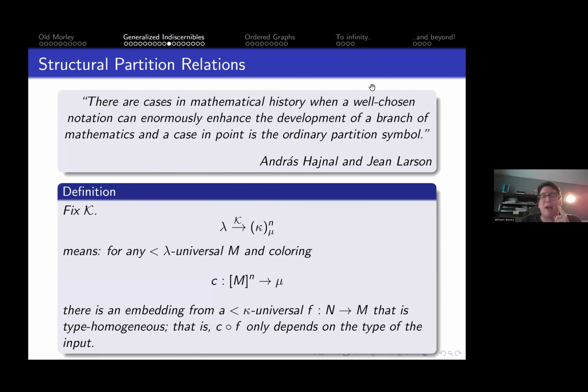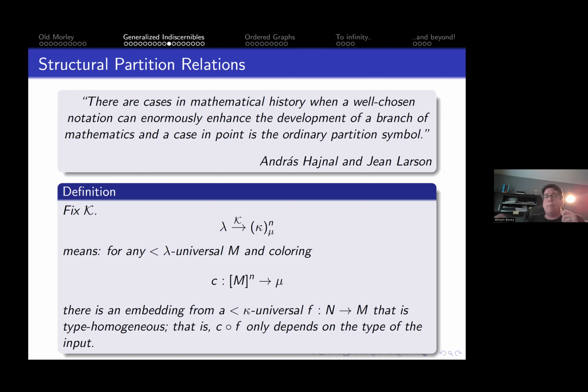But basically, lambda arrows kappa to the n mu, if any time I take an n-coloring of M with mu many colors, that's of size at least lambda, then I can find an embedding from N into M. I don't require that N is of size at least kappa.